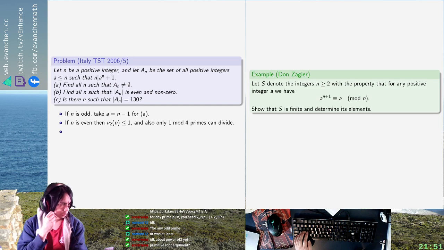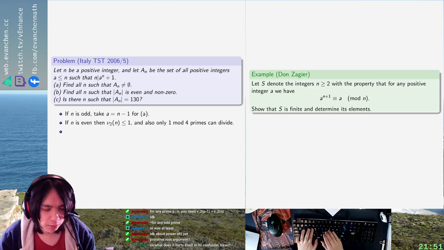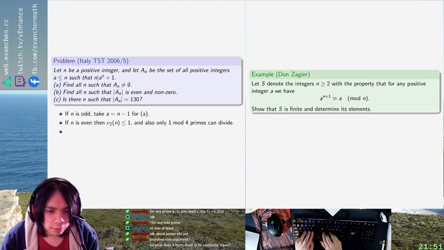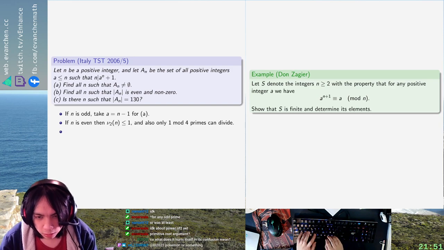No, you can't have big v2 because then 4 divides the sum of 2 squares, one of which is odd, and that's not good. So I think by the primitive root argument, for all other remaining primes, it should be okay.